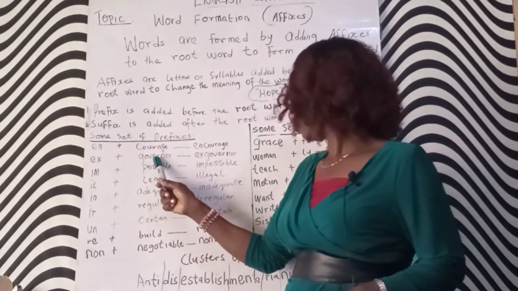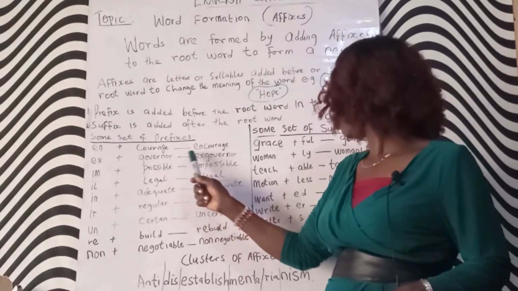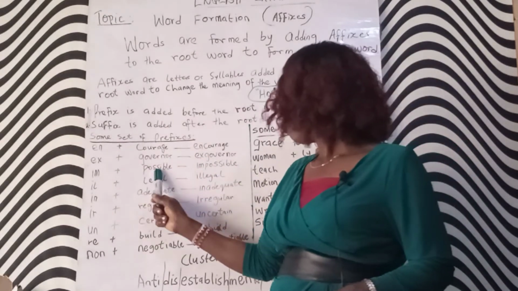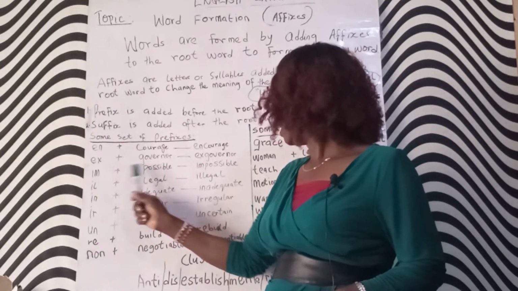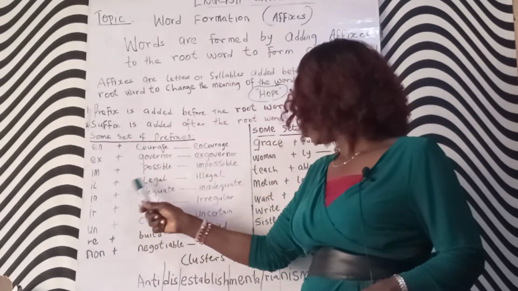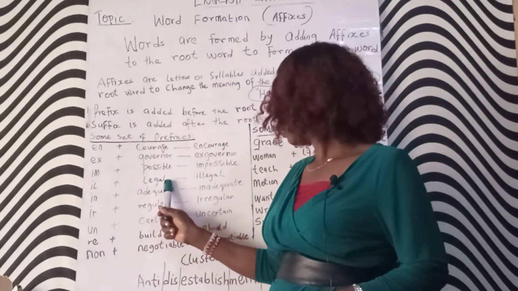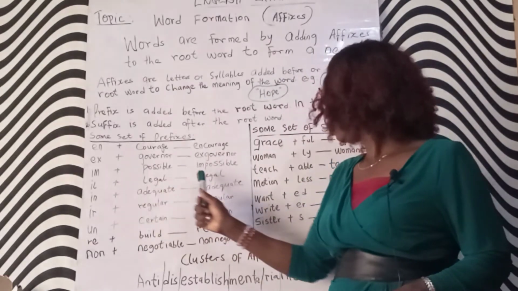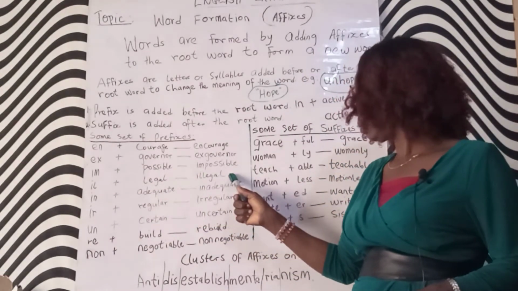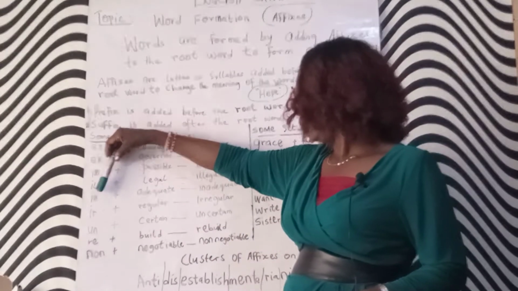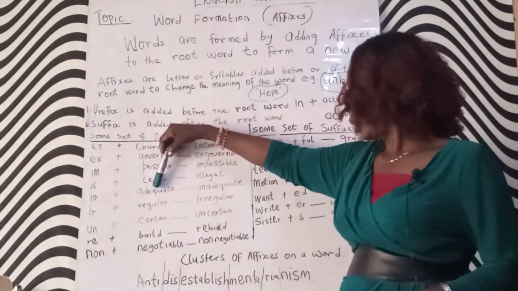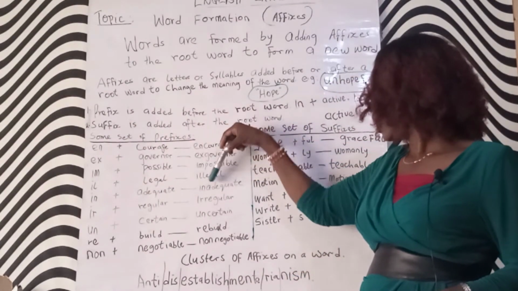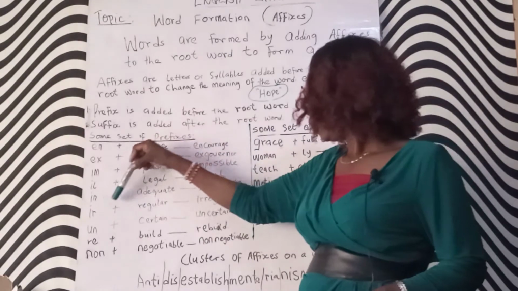Ex, the root word governor, ex-governor. Possible, the root word, impossible. Then we have legal, we add il, that's illegal. Then we have in plus adequate, the root word. We have inadequate.